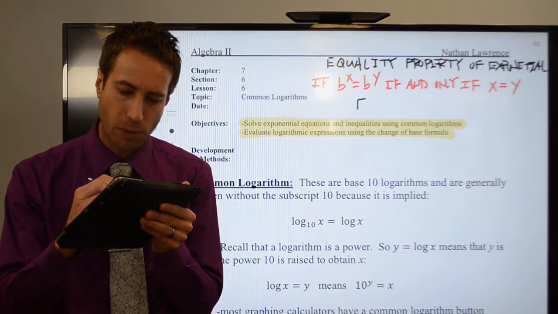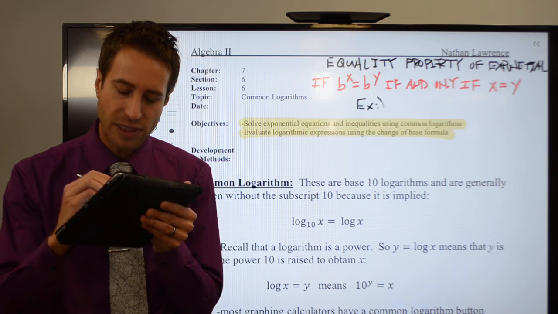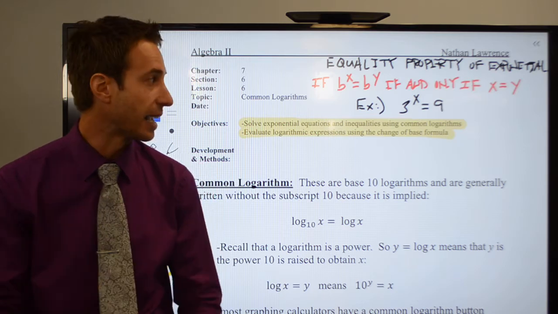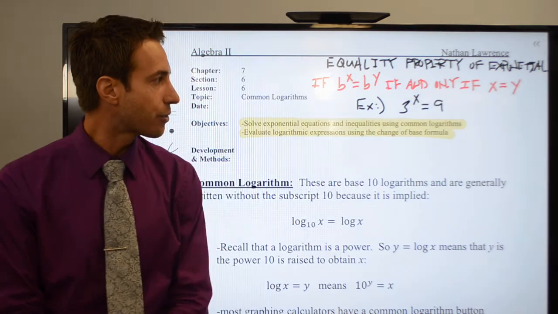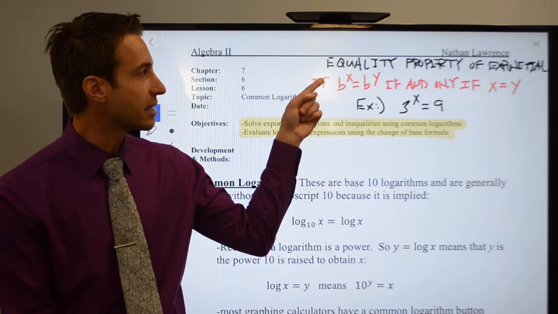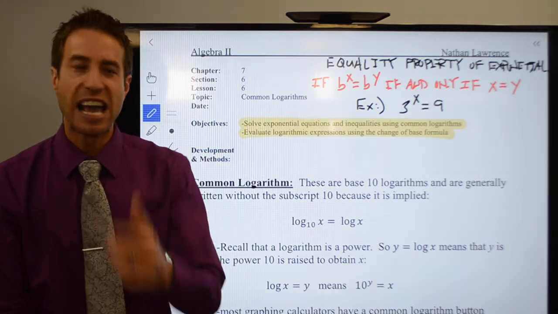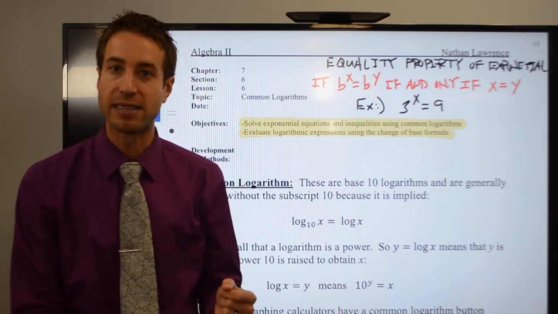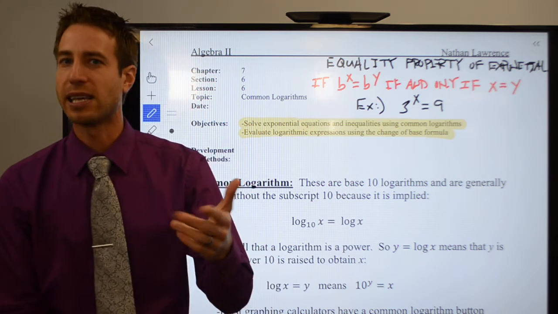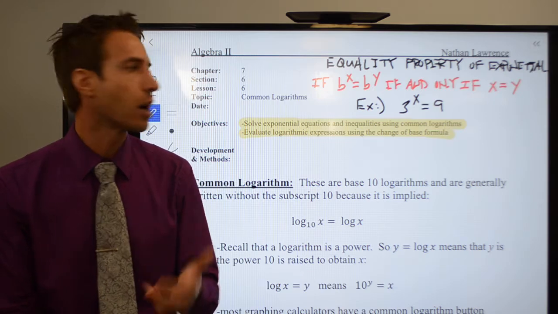For example, if I gave you this, 3 to the x is equal to 9. Well, we need to solve this guy. 3 to the x is equal to 9. And we said the way that you can do this using this equality property of exponentials is if I can get the bases to be the same, then I can set the exponents equal to each other. And it doesn't take very much work here to look at this and go, well, hang on a second.